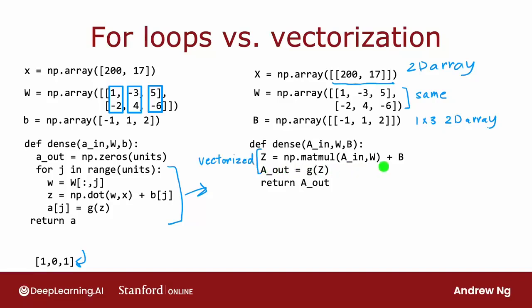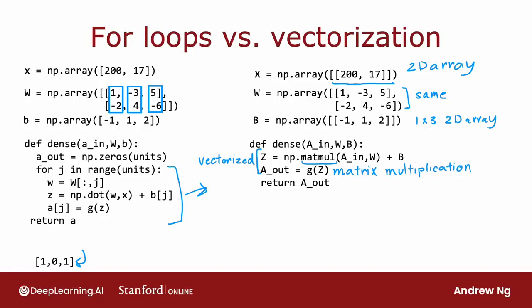Z equals np.matmul. Matmul is how NumPy carries out matrix multiplication, where now X and W are both matrices, and so you just multiply them together. And it turns out that this for loop, all of these lines of code, can be replaced with just a couple lines of code, which gives a vectorized implementation of this function.